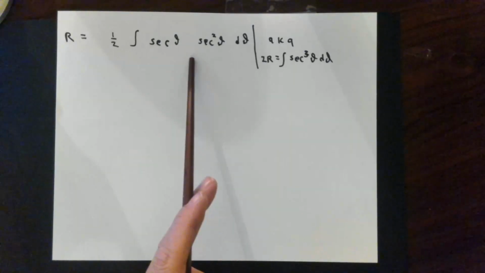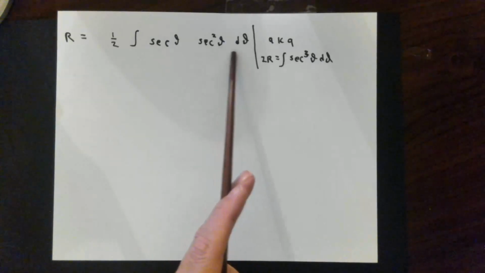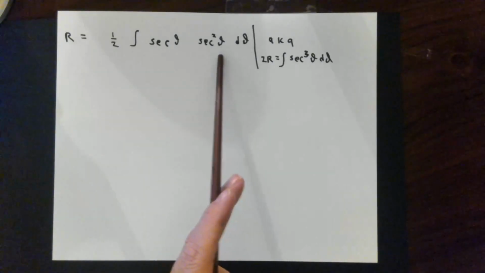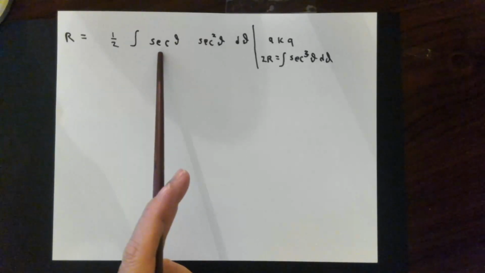Here I'll do integration by parts. The dv will be secant squared theta d theta, and the u will be secant theta.